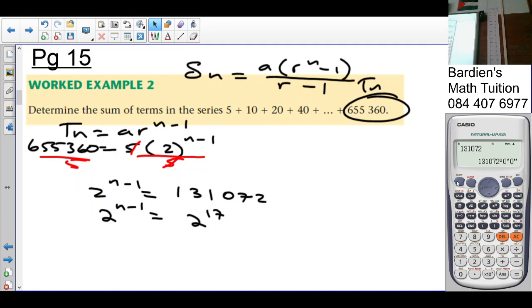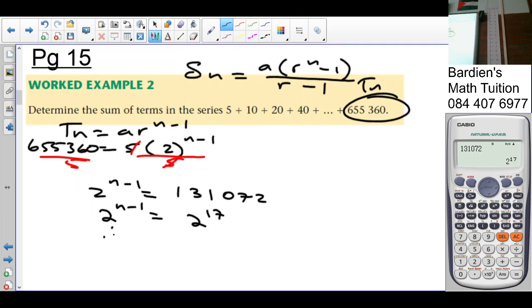Just press shift once, then it's going to be 2 to the 17. As you can see in yellow, is a factorized key. To activate any yellow key on the calculator, you first press shift. So it's 2 to the 17.